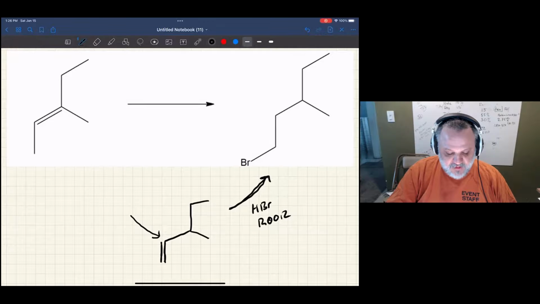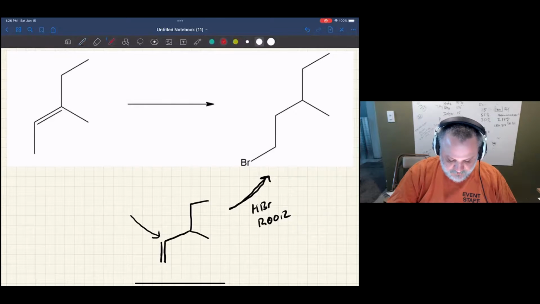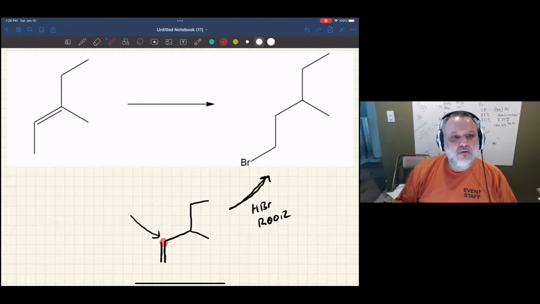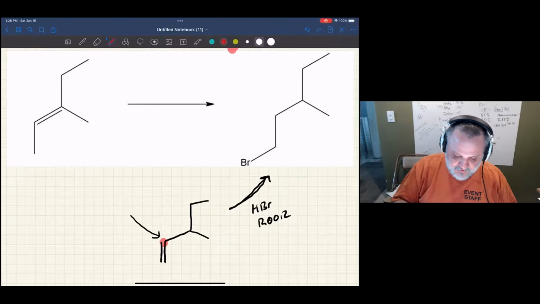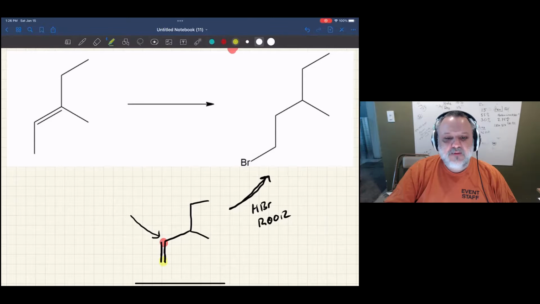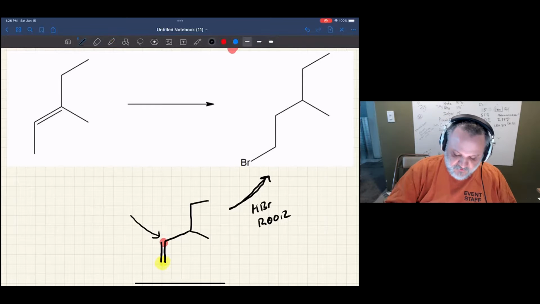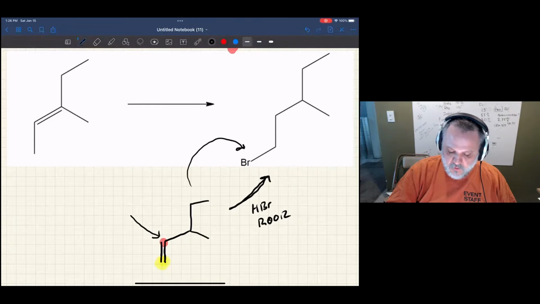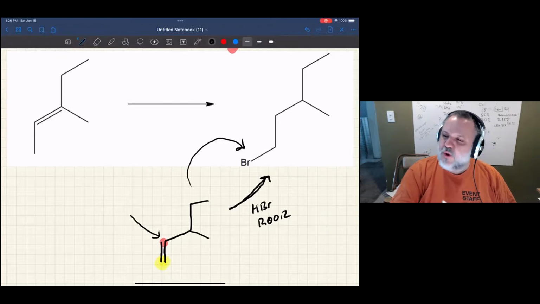If I were to think about an elimination reaction, I would want to have eliminated something from here, or I could have eliminated something from there. Now, let's think a second about the yellow location. If we're going to eliminate a leaving group from that location, then we're going backwards. We're going in a circle.